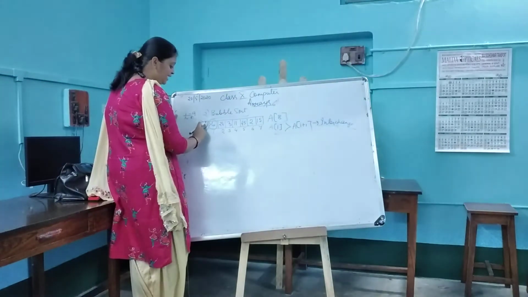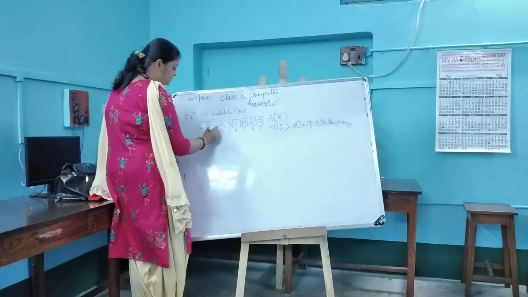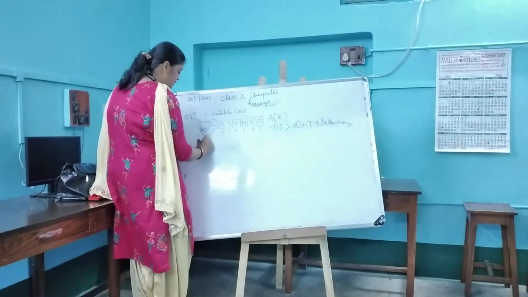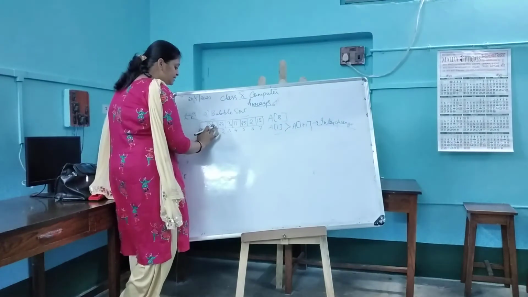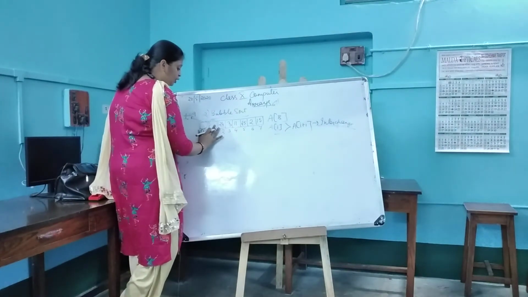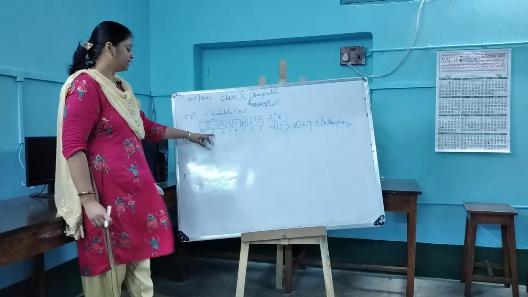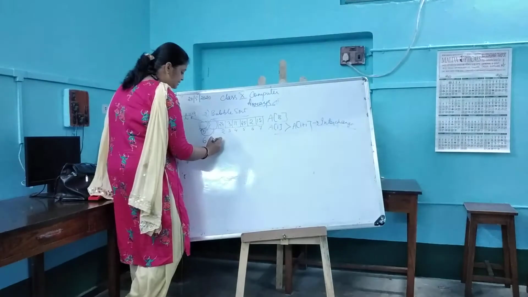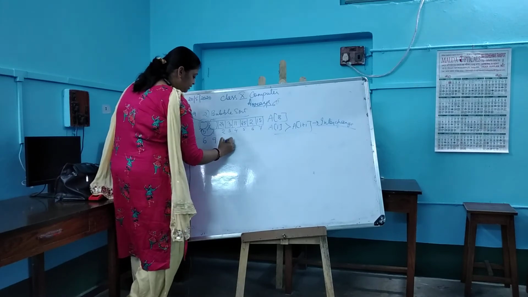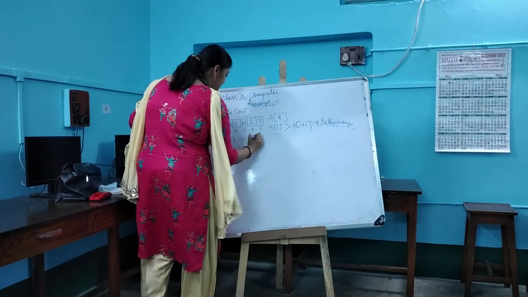The moment this place becomes vacant, we place 6 in the first position. After placing 6 in the first position, the second position will be vacant, so now we put t, that is 9, over here, and the remaining numbers will be as they are.